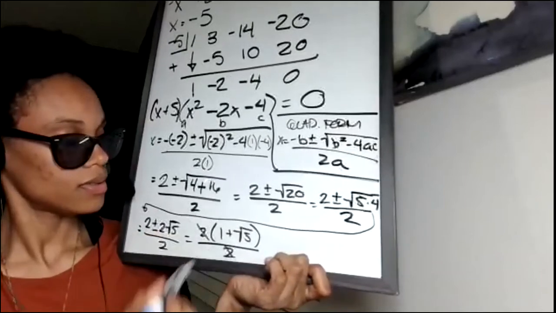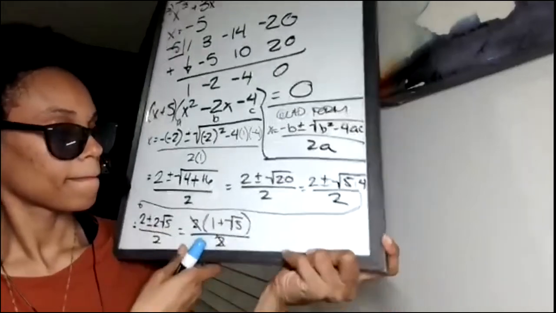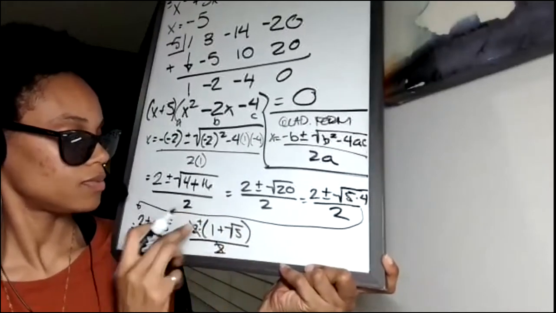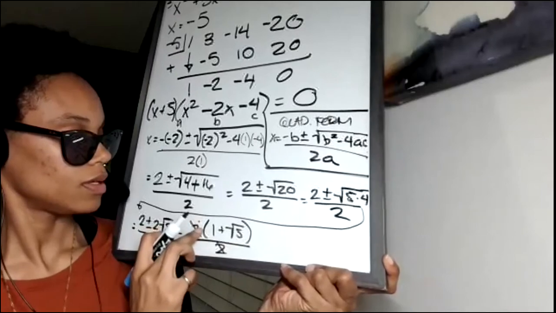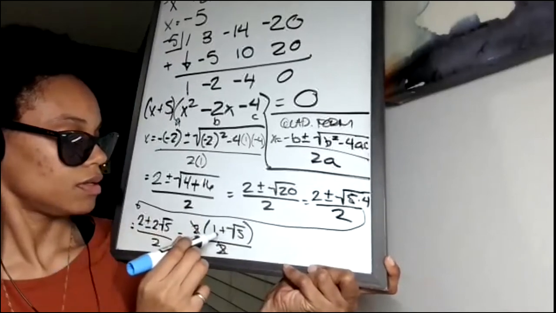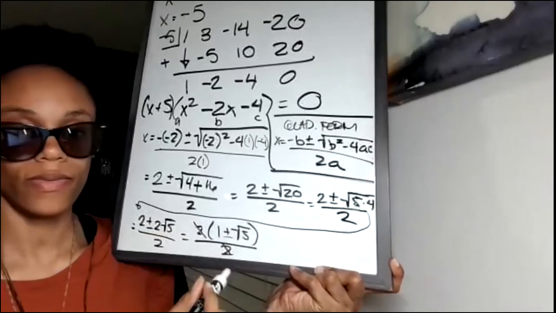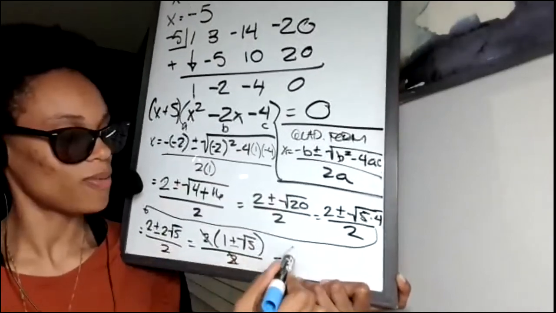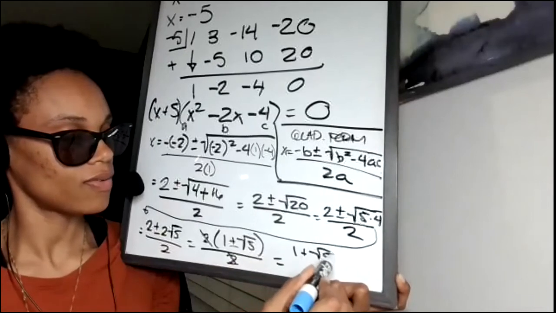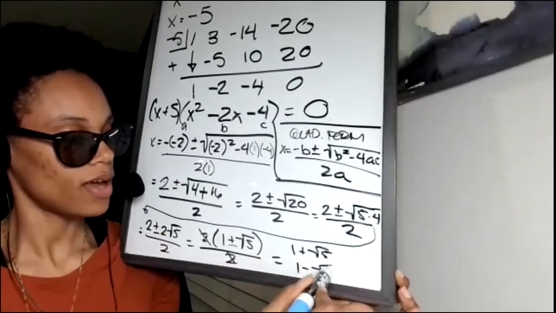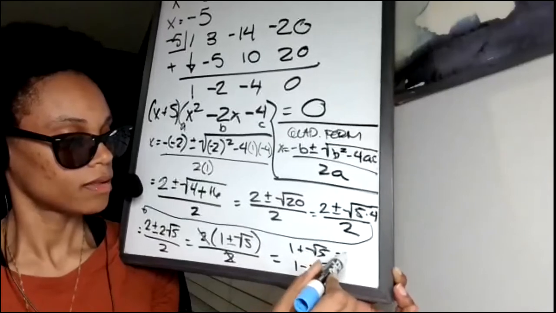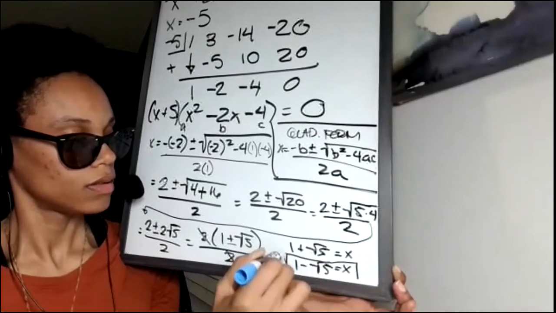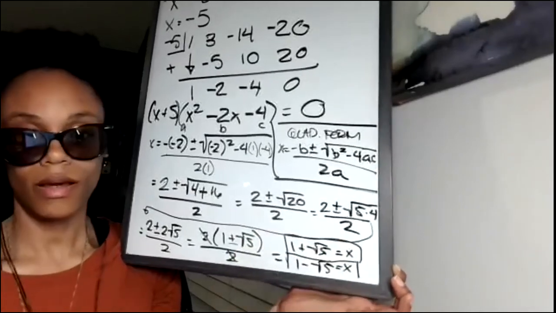And now this 2 cancels. So this is still plus or minus here, 1 plus or minus root 5. And that's it. Those 2s cancel out. So we have 1 plus root 5 and 1 minus root 5 as our other 2 roots.